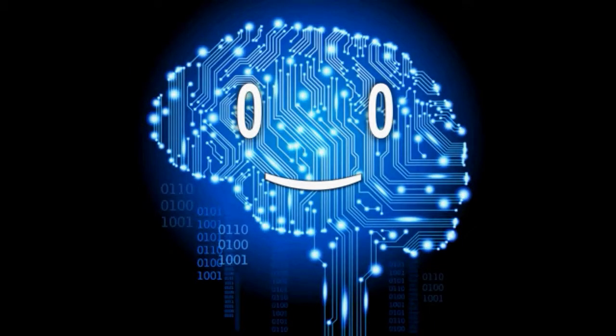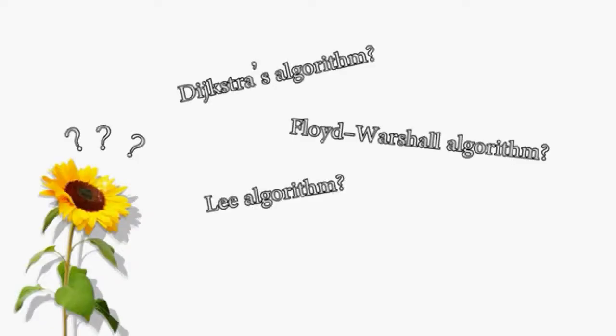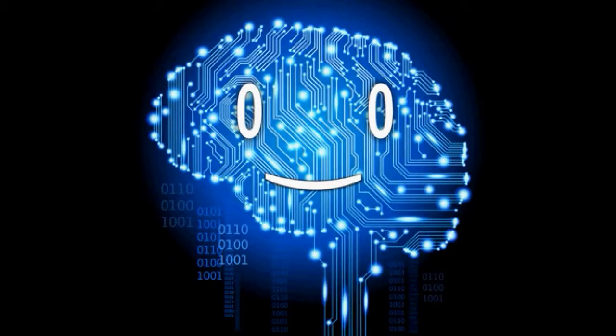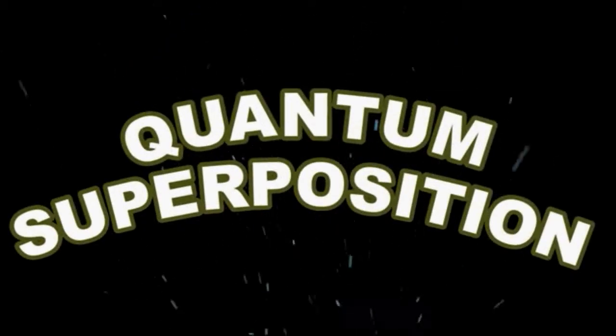So the electron has to find the shortest path from the first molecule to the reaction center. But how? The plant doesn't know of any pathfinding algorithm to get the shortest trajectory for every electron. Here's where quantum physics comes into play, and more precisely, quantum superposition.